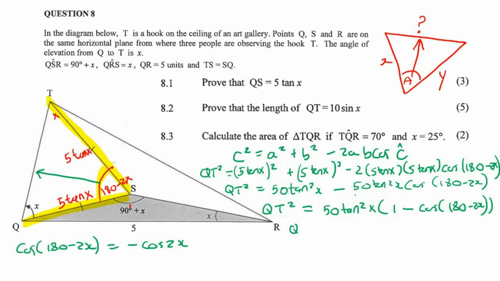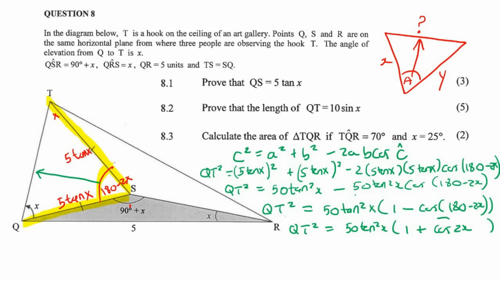So now what we have is QT squared is equal to 50 tan squared x, and then we say 1 plus cos 2x, because this part became a negative, so it combines with this negative to make a positive. Now we have a double angle formula over here. You know, on the formula sheet where you can choose from 3 of those different cos 2x formulas.